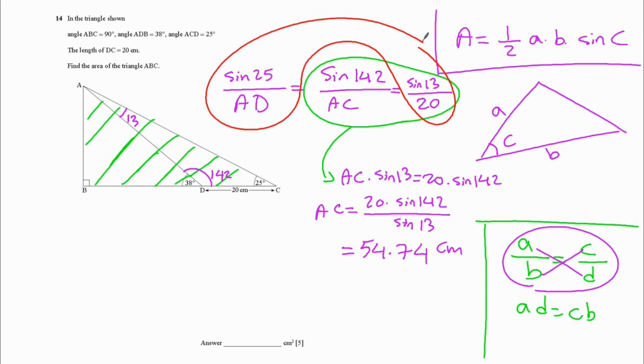But I am also going to do that cross multiplication that I just mentioned. So I'm going to write AD times sine 13 equals 20 times sine 25. AD here would be equal to 20 times sine 25 divided by sine 13.